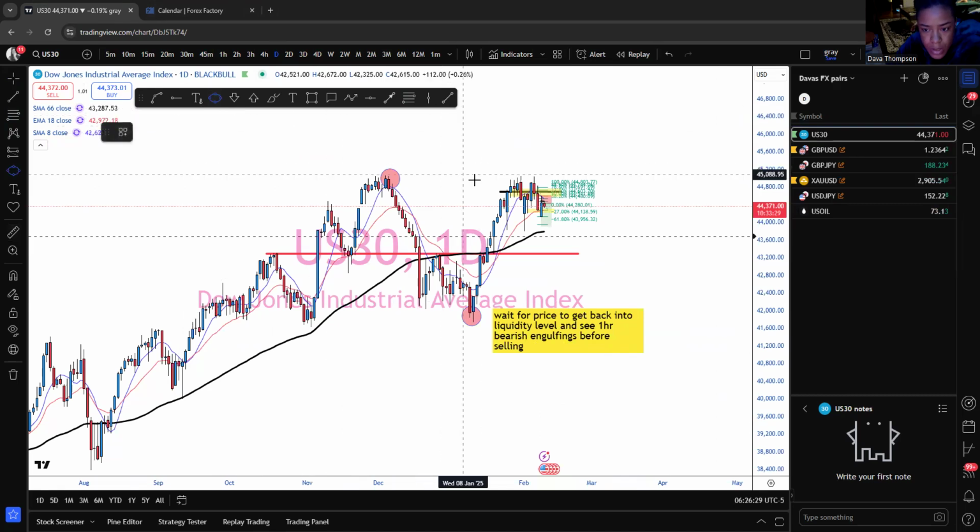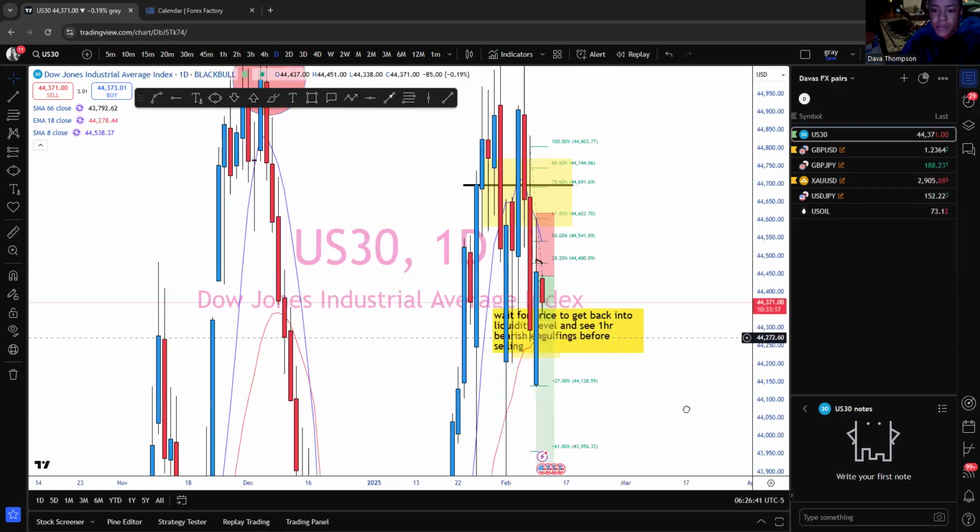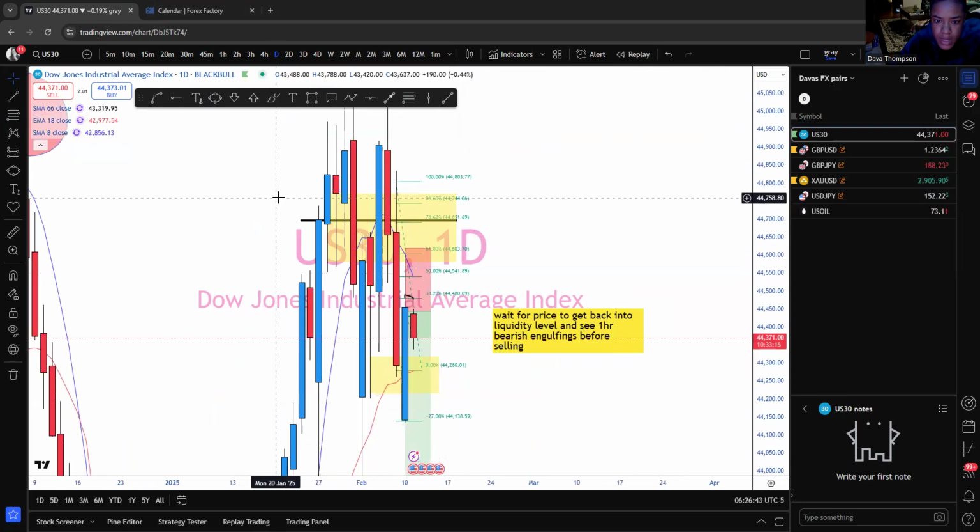And okay, we break this, we maintain under it. But now what I'm just trying to say is this right here that's happening is currently more bearish than bullish. Because if you really look at it, you realize that we had a level of support here and it was broken by a bearish candle.